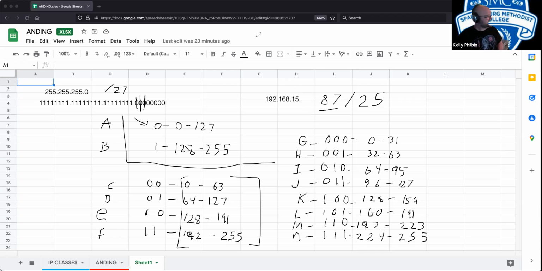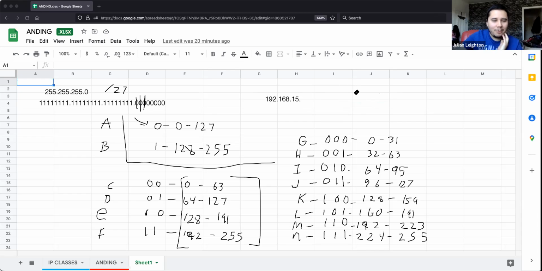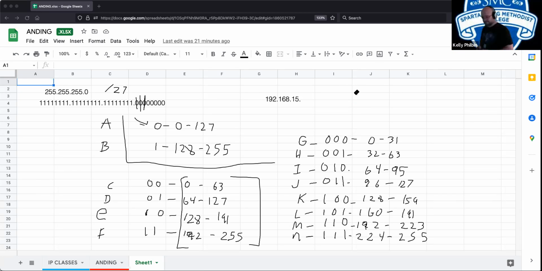All right, let's do another one. Yes, Julian, are you volunteering or do you have a question? Both, but I just have a question. Obviously we're doing these exercises to understand the concept, but would we ever get some type of question like this on the A+ exam? On the A+, no. This is beyond the scope of A+.